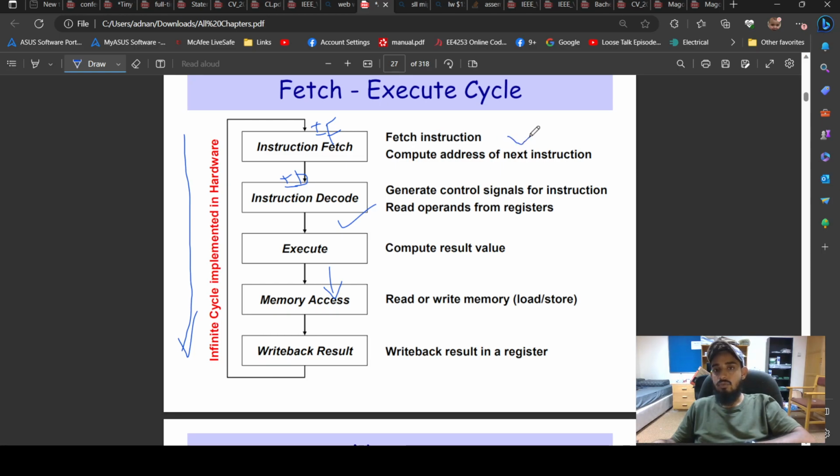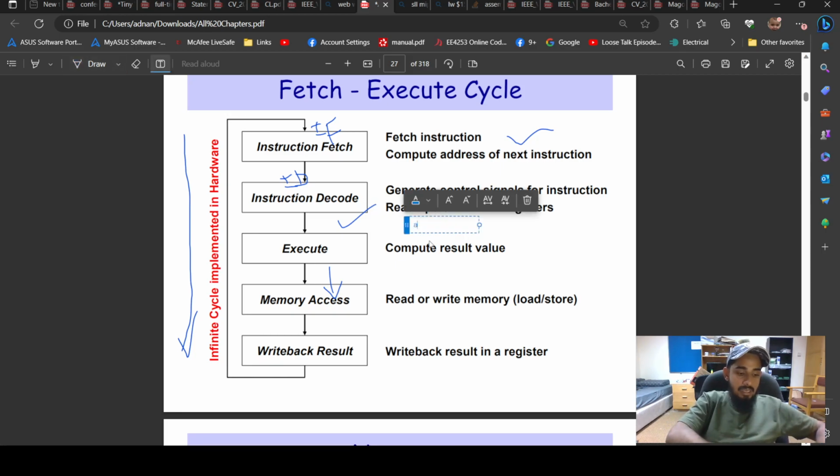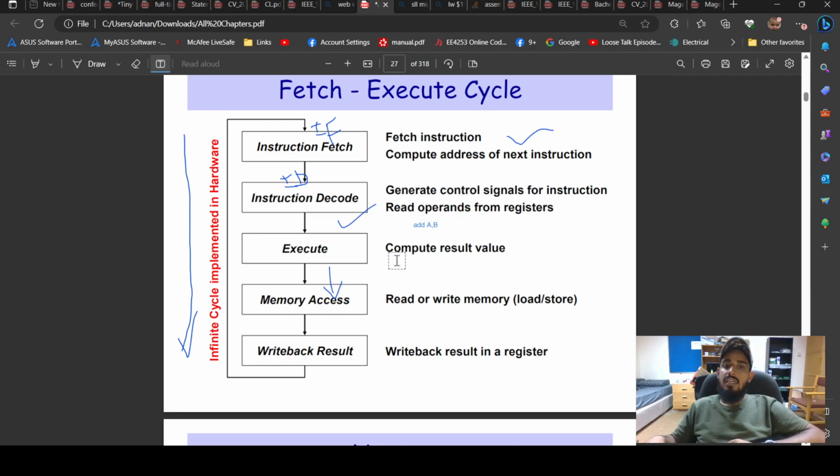Again in fetch you will study here that the fetch instruction computes the address of the next instruction. Decode, as I told you, let's suppose I have an instruction here, add a comma b. It is decoded. He will see from this opcode that it is add, so it will tell the system it's an ALU operation, and here are the operands, so this will execute in the ALU.